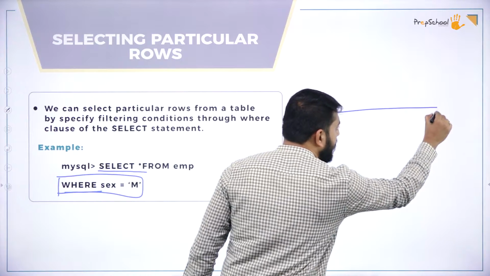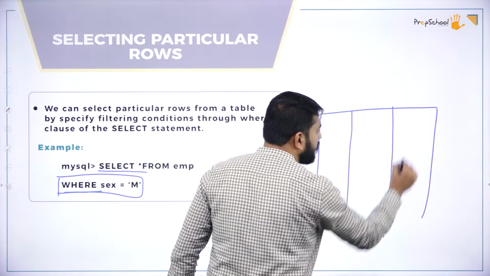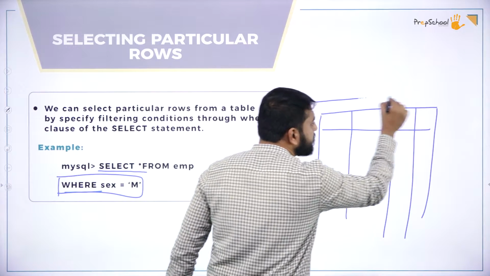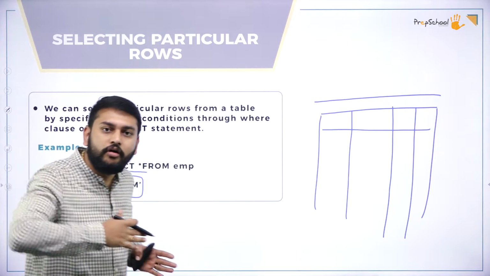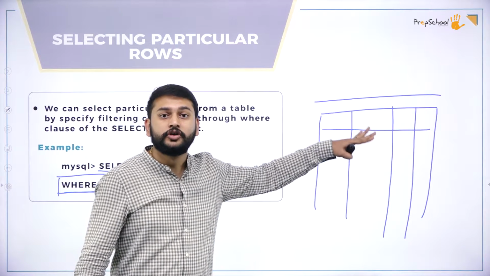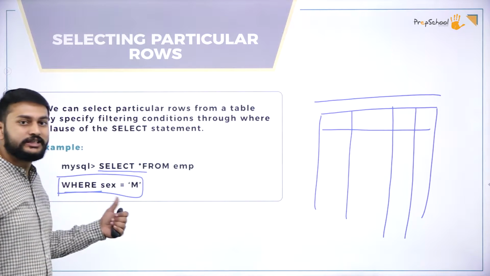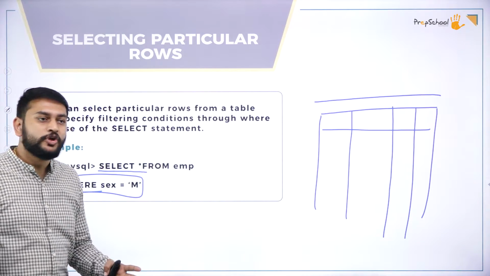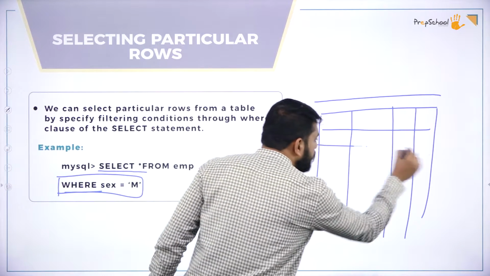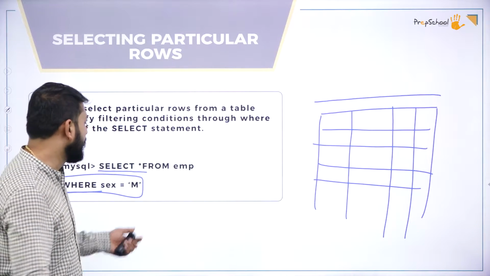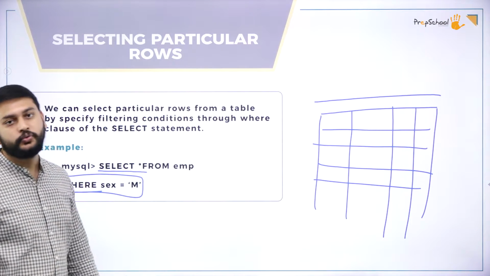I have this table with 4 columns, and star means all these columns. I will select all these columns, but I don't want all the rows. For that, I am giving a condition: gender is equal to m. So only those rows that have the gender as m it will select. This is one of the things that you have to remember.